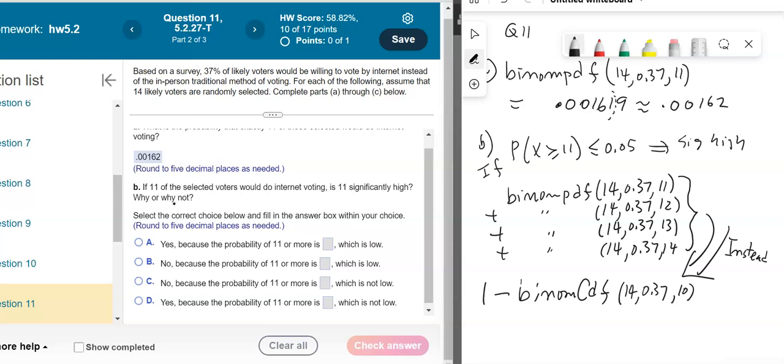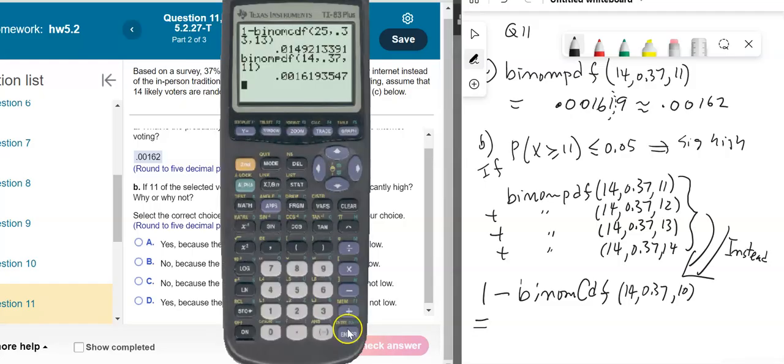So if I calculate this, 1 minus binomcdf(14, 0.37, 10).